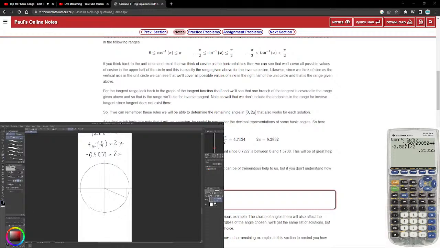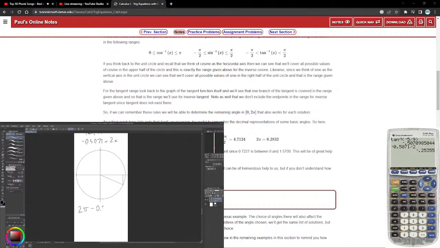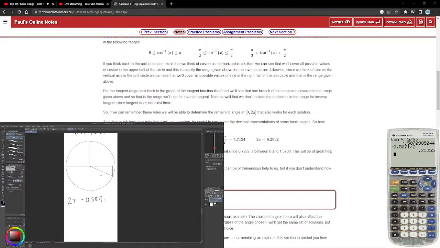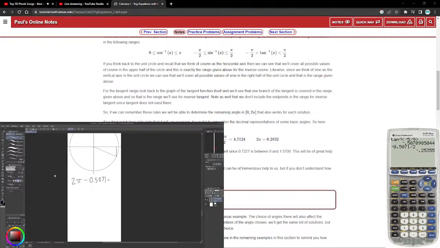To find this, take 2 pi minus 0.5071, because we're taking the whole circle minus this part, and that's going to get the radian version of the reference angle. So, wait, am I in radian?